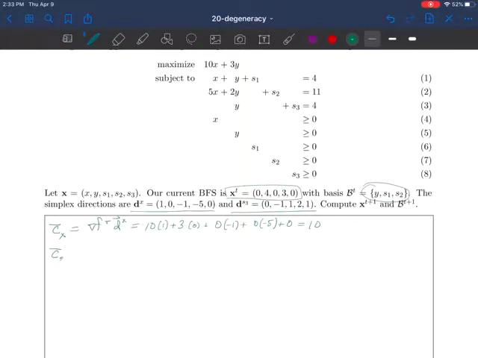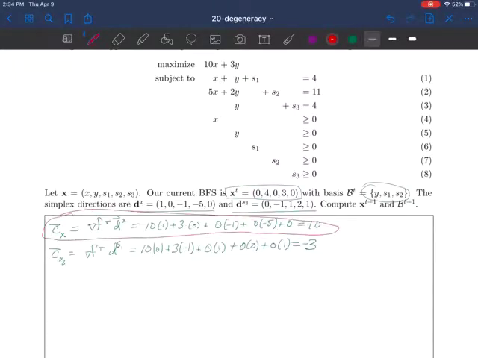And of course, this equals just 10. And c bar of s1 equals the gradient of f transpose d s1. And this equals 10 times 0 plus 3 times negative 1 plus 0 times 1 plus 0 times 2 plus 0 times 1. And that equals negative 3.